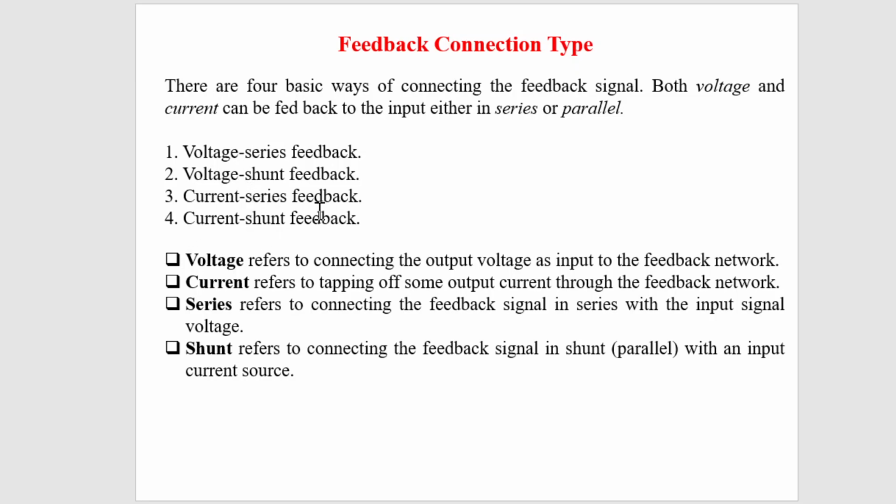In the feedback network, we are using series and shunt. Series refers to connecting the feedback signal in series with the input voltage. Whenever we are connecting this way, we call it series feedback.